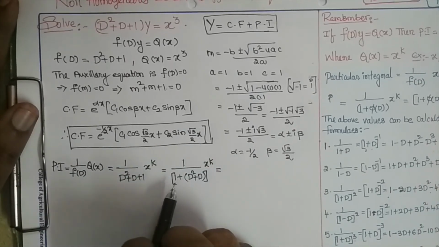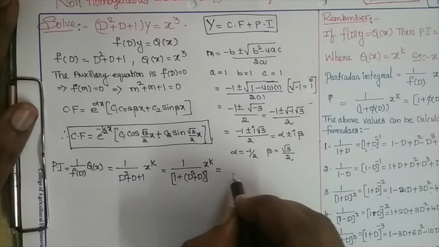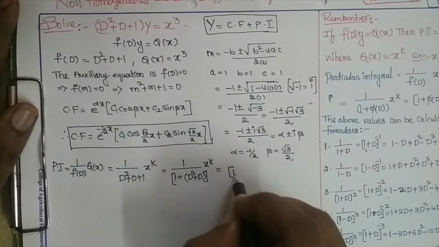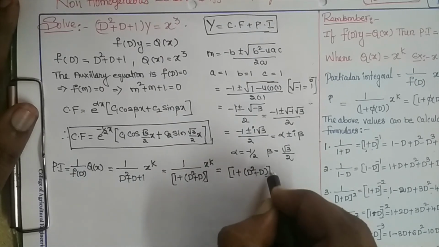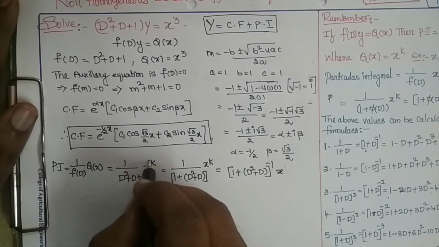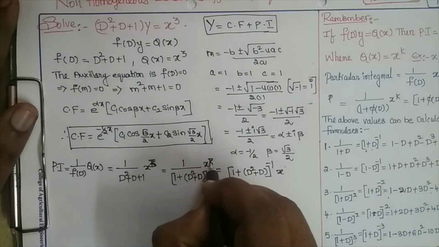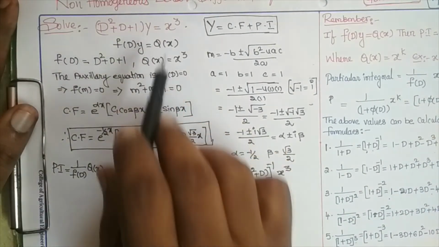Now the denominator is in the form of 1 plus phi of D, some function of D. So the numerator goes to 1 plus D square plus D whole to the power of minus 1 into x power 3, x cube. Our Q of x is x cube.